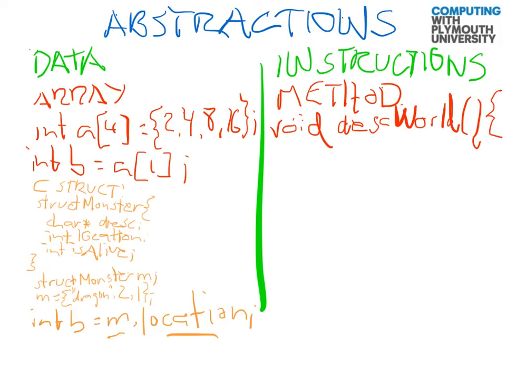Now this method is going to check if the location is 0.